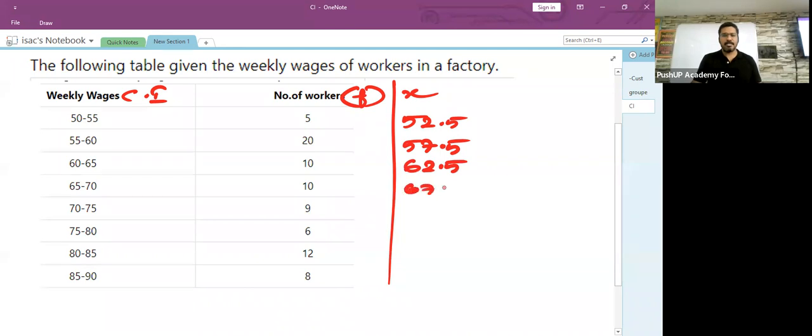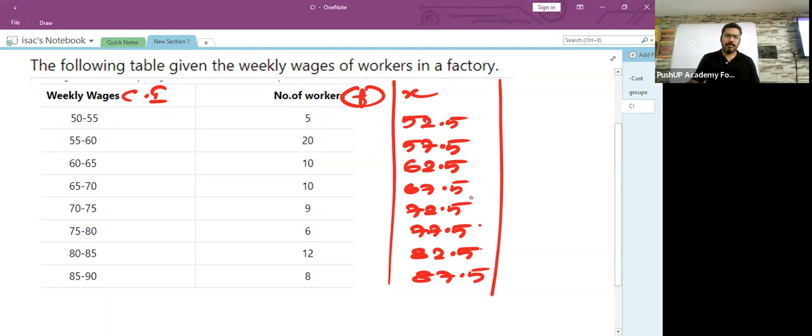Here it is 67.5, 72.5, then 77.5, then 82.5, and then 87.5. So you got all the mid values.